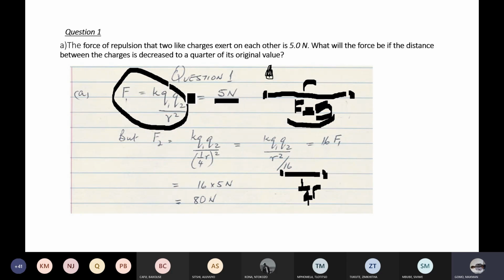Now, you are also going to use the same formula to calculate the new force. But the only difference now is that the R that you used at first is no longer this. For the second time, your R is going to be a quarter, like this one. Okay?